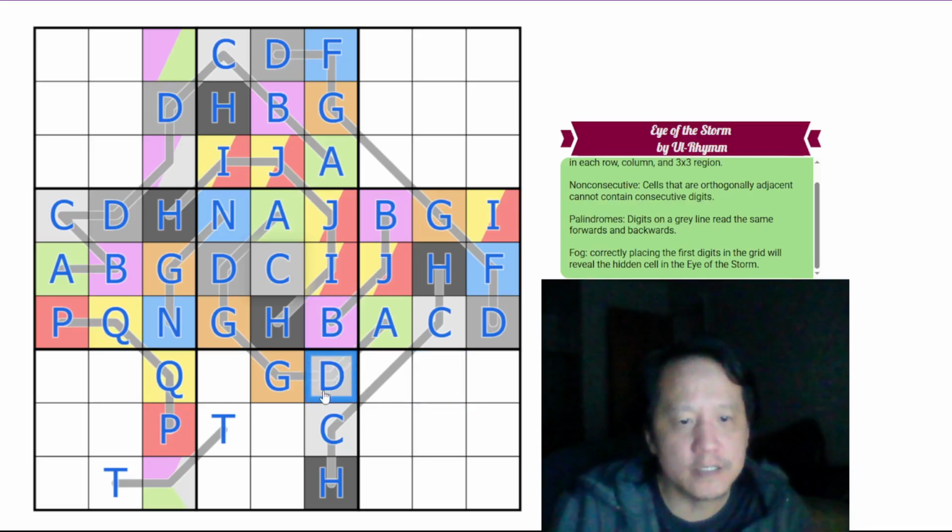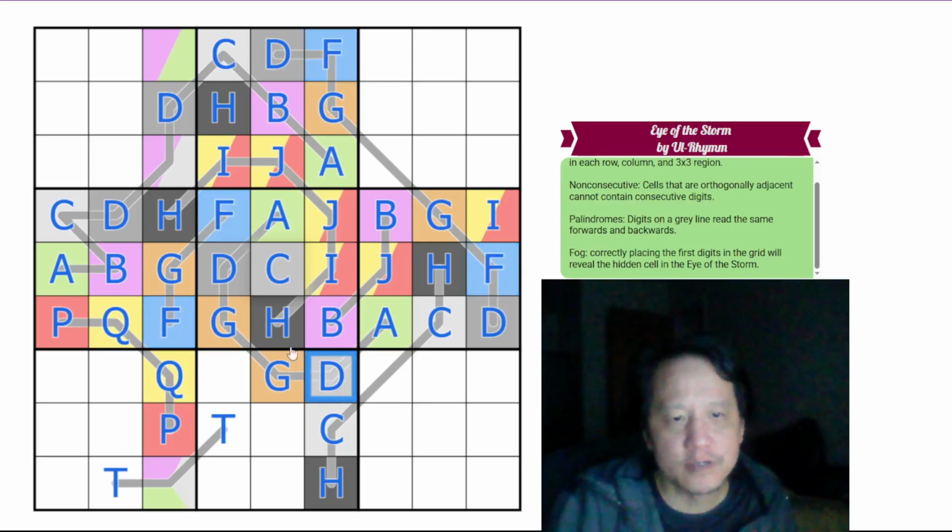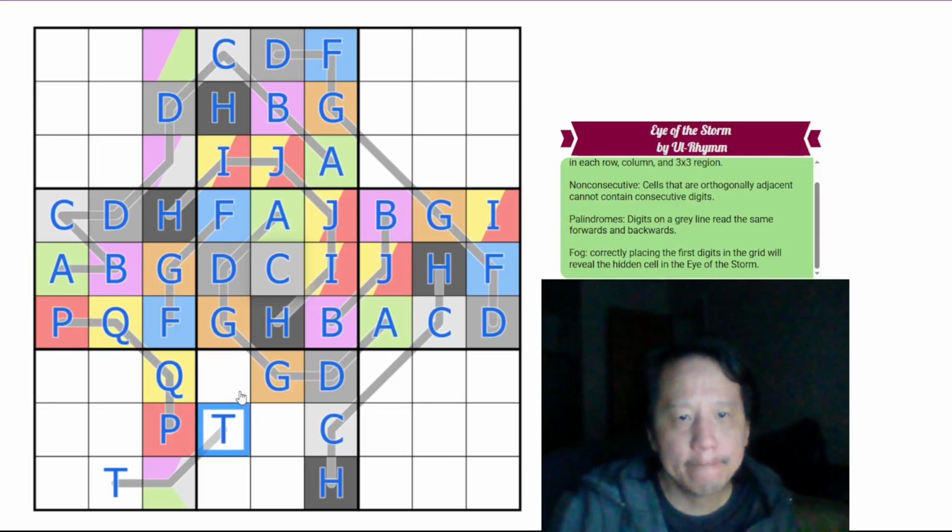Let's see. So F is the same as N. So these are all F. We have A, B, C, D, F, G, H. And then we have P and Q. We have to have A somewhere here.